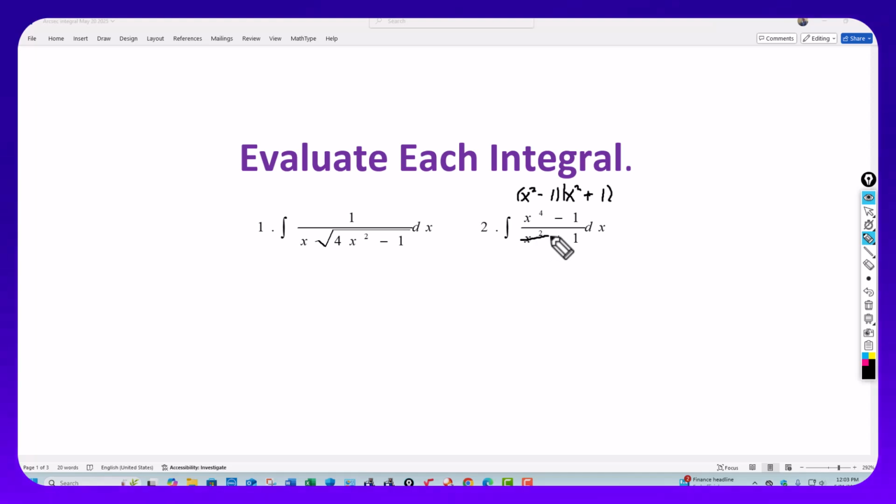I got x squared plus 1 here. X squared plus 1 there. Those are going to divide out. So that's going to give me the integral of x squared minus 1.